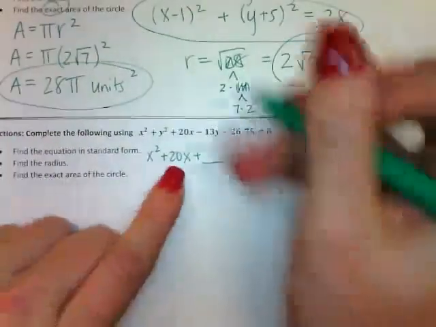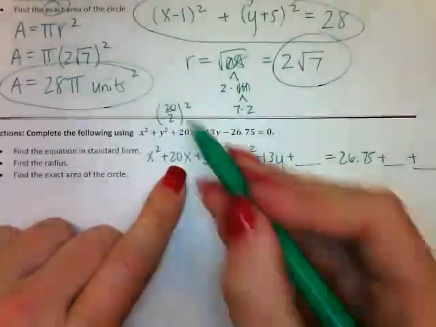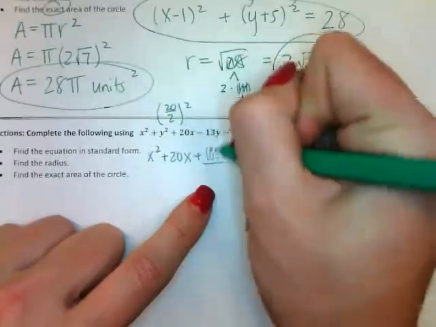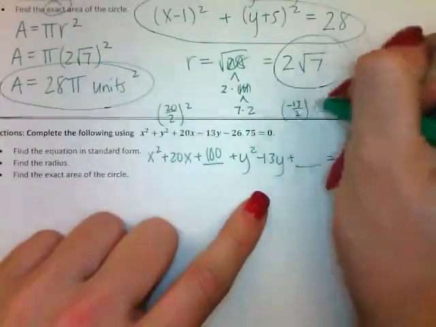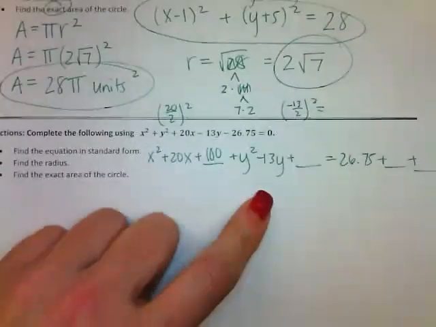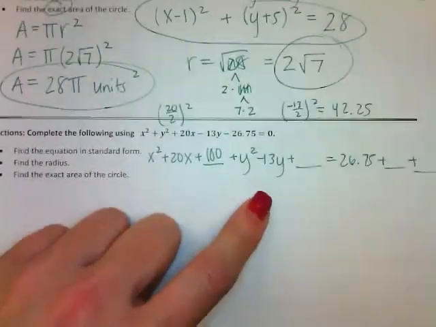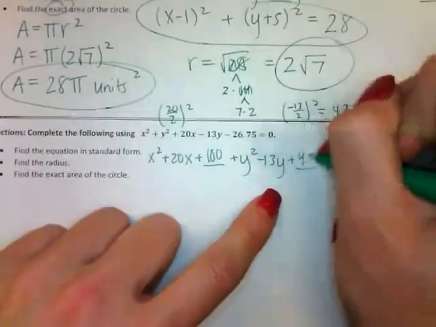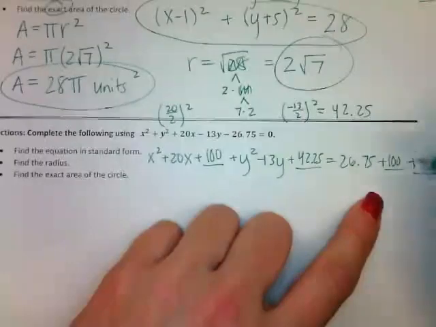All right, b divided by 2 squared. That's going to be 10 squared, which is 100. Okay, b divided by 2 squared. Let's see what that gives us. As a decimal, that's 42.25. If you want to leave it as a fraction, I'm okay with that. Whatever you'd prefer.